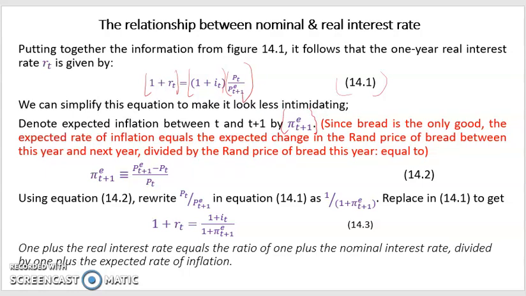Since bread is the only good, the expected rate of inflation is equal to the expected change in the rand price of bread between this year and next year, divided by the rand price of bread this year. This is represented by equation 14.2: expected inflation is equal to the expected price next year minus the price this year, divided by the price this year. This is simply the way you calculate inflation.